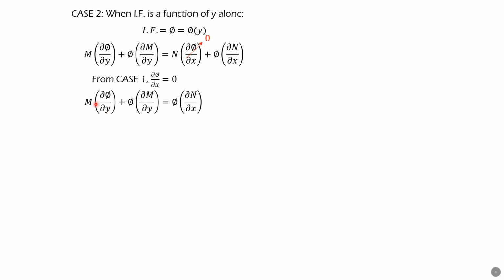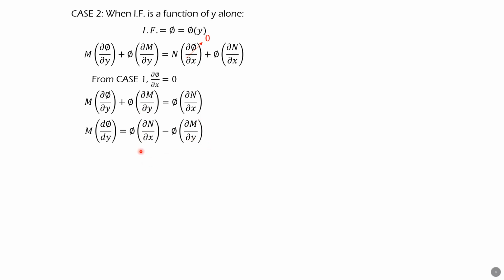So replacing this with the derivative of p with respect to y, and we transpose this to the right. So we have m derivative of p with respect to y equals p partial derivative of n with respect to x minus p partial derivative of m with respect to y.